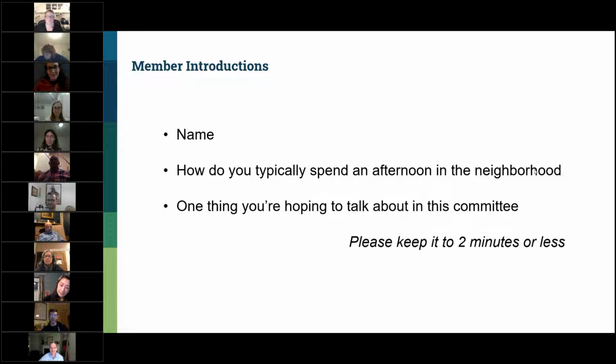So I can start from the staff side. My name is Rachel Ned Carney. I am a senior planner in economic development focused on our urban revitalization projects, projects like this one. When I am in Gilman Square, which is quite often, I live not too far, and also, of course, I'm at City Hall pretty often as well.